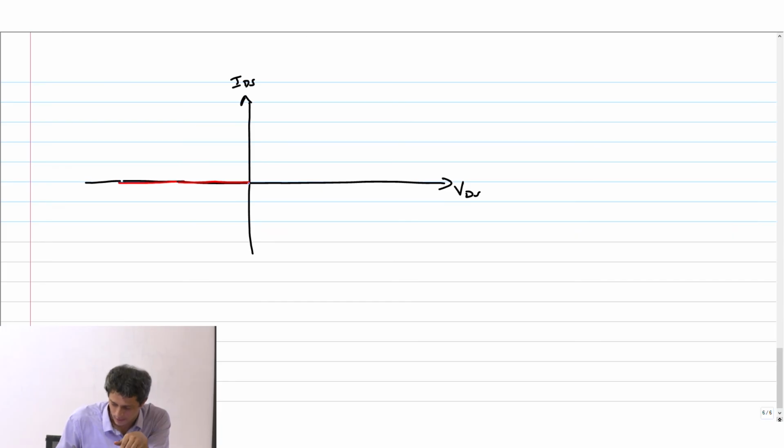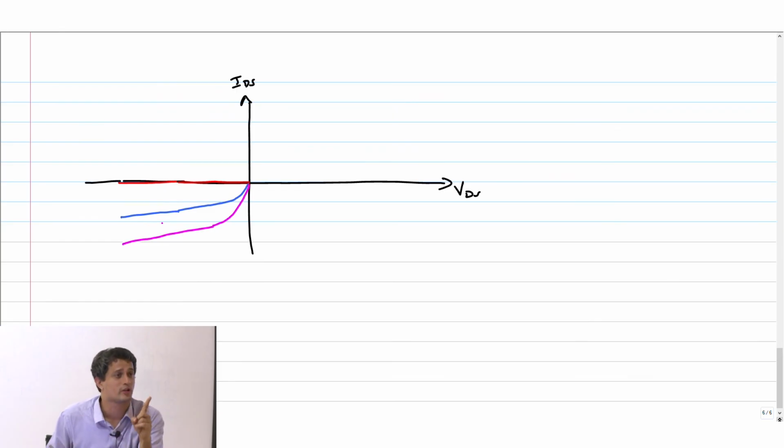As you start increasing VGS, you will have this kind of a current. If I increase my VGS slightly further, it could be in the saturation region for low VGS values. It need not go into velocity saturation mode. But beyond a certain point, everything will enter velocity saturation and it will start looking like this.